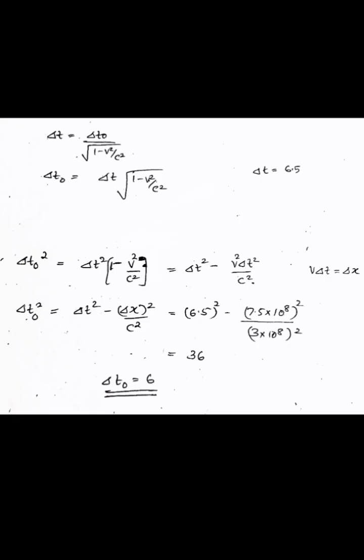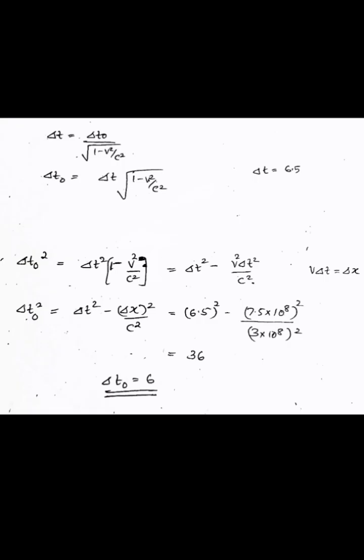Here it is given that Δt is equal to 6.5 seconds. So Δt0² is equal to Δt² times (1 minus v²/c²). So this is equal to Δt² minus v²Δt²/c². And we know that vΔt is equal to Δx. So Δt0² is equal to Δt² minus (Δx)²/c².